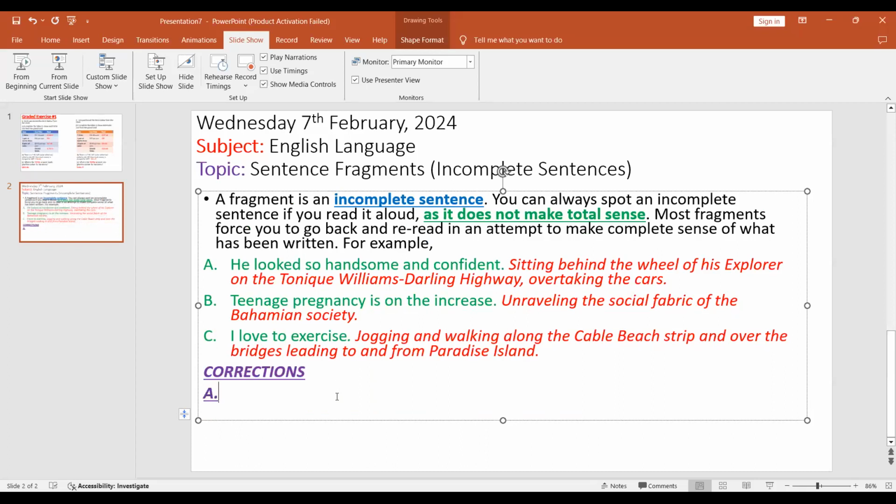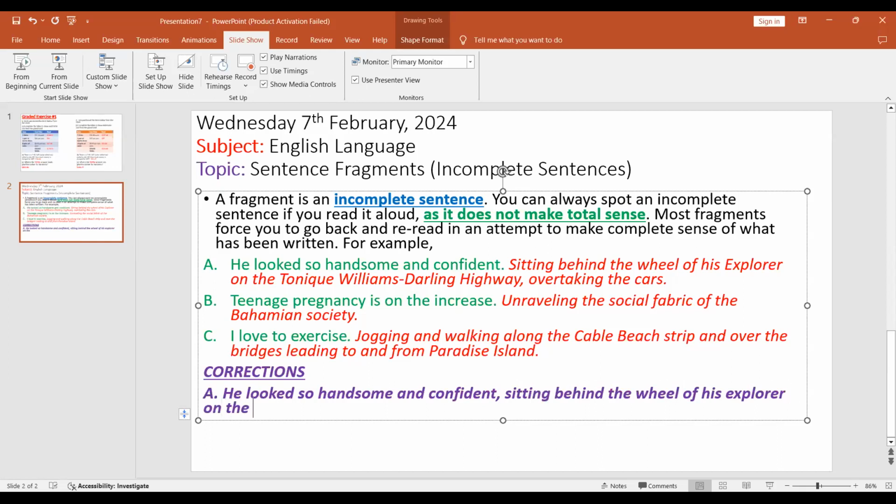So the correction for A is going to be: he looked so handsome and confident, comma, sitting behind the wheel of his Explorer on the Tonique Williams-Darling Highway, overtaking cars.